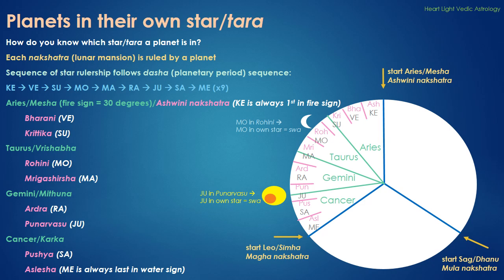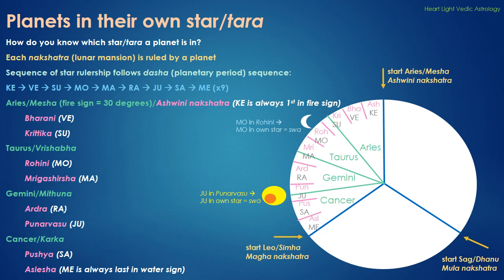Then the next nakshatra is split, part of it's in Gemini, part of it's in Cancer, Punarvasu, that's ruled by Jupiter. Then the next nakshatra, fully in Cancer, is called Pushya, that's ruled by Saturn. And then the very last nakshatra in Cancer is Ashlesha, and Ashlesha is ruled by Mercury.